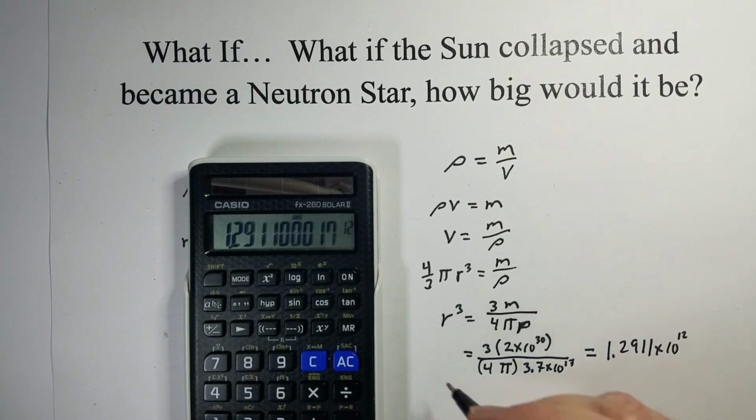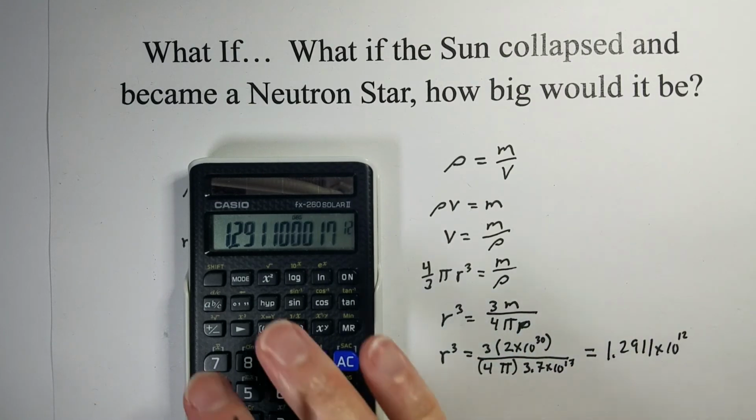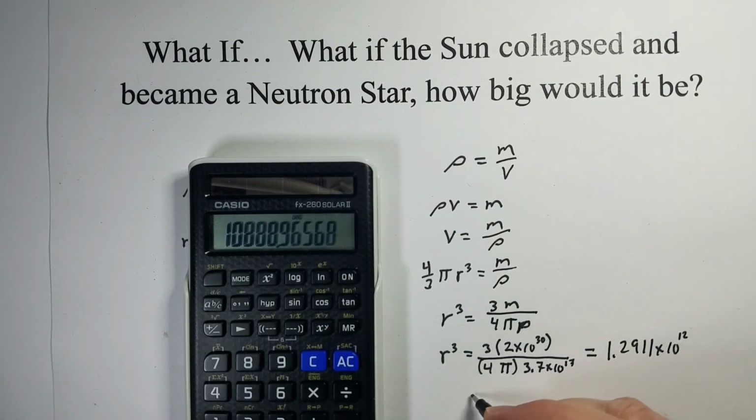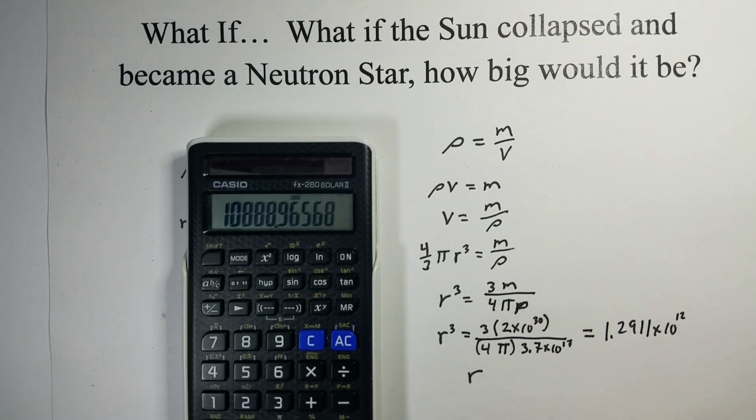But that is not the radius, that's the radius cubed. Now luckily on this calculator I have a cube root button, so I'm going to hit the cube root button. And that gives me the radius that our sun would be if it could scrunch down and become a neutron star: 10888.9 meters.